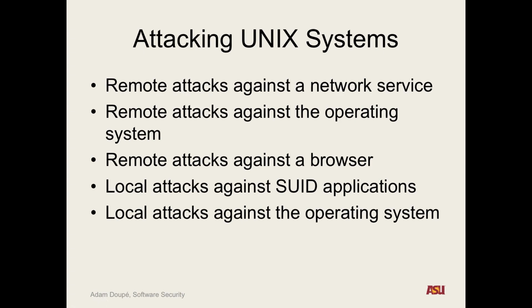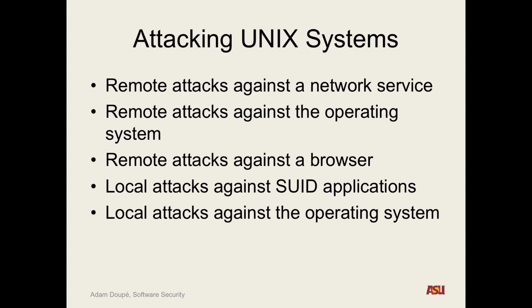Are they the same, different, more difficult, less difficult? Remote is more difficult. Remote attacks are more difficult than local attacks. Why? You need to get through the network architecture first and then to the OS.